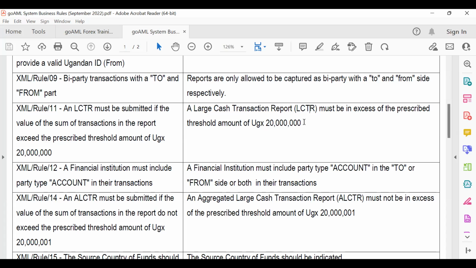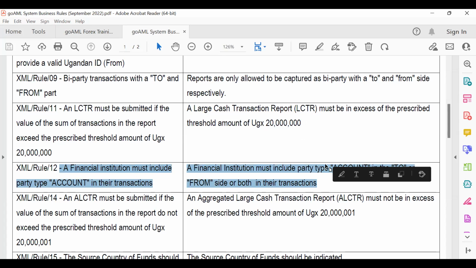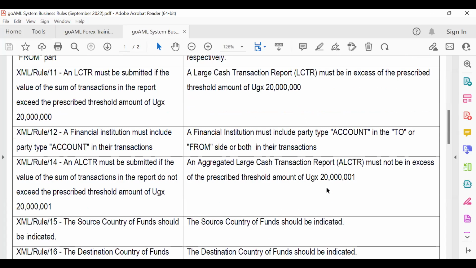Financial institution must include, this is not applicable to you. I think this is for the banks. Accounts are not applicable to you, only persons and entities. Yes, an aggregated large transaction report. So this one is where you're aggregating 5 million in the morning, 10 million in the afternoon, 10 million in the evening.